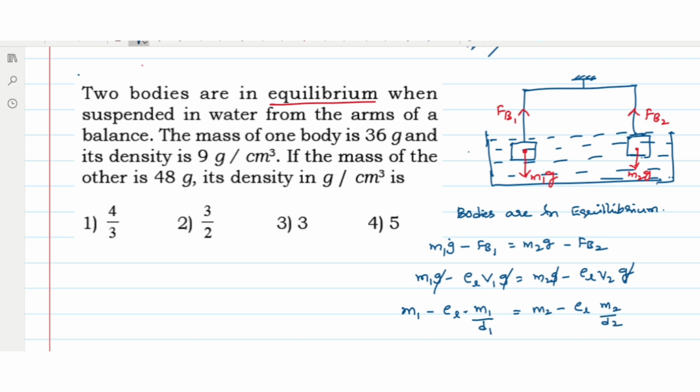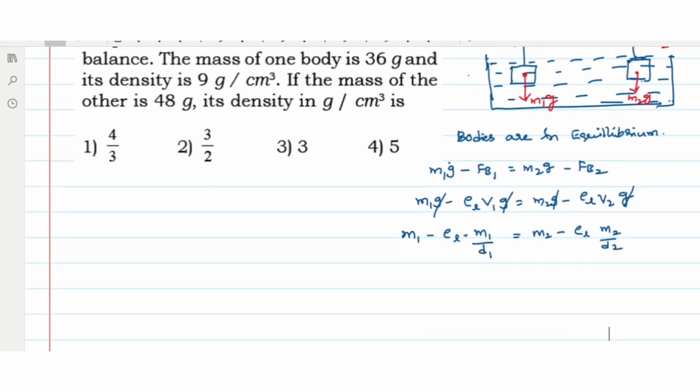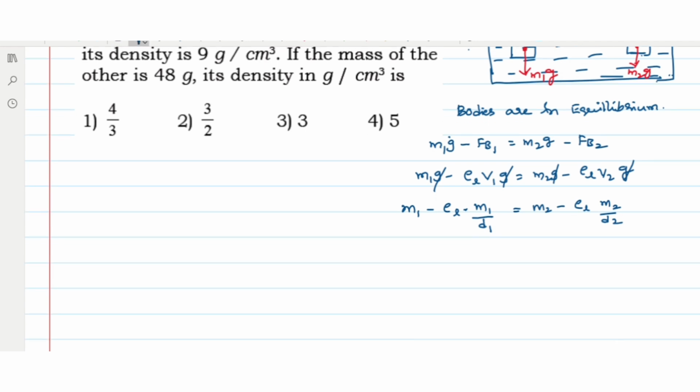Then when taking the common factor, we get m1 into (1 minus density of the liquid by density of the first body), which is equivalent to m2 into (1 minus density of the liquid by density of the second body). Let us take it as d2.